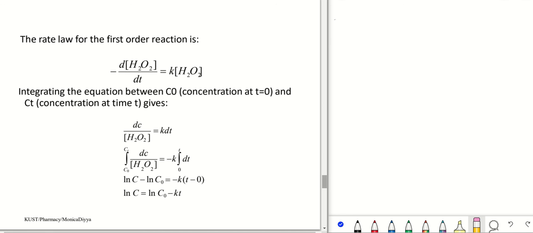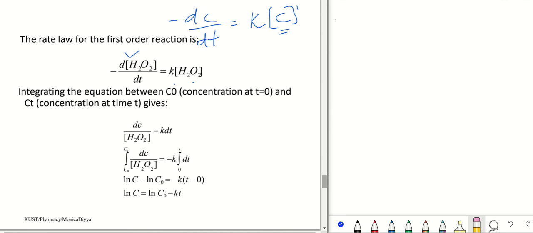So minus dC by dt is equal to K into C. This is a generalized rate law for a first order reaction. Now when we incorporate this rate law for the above reaction, minus dC, here C represents the concentration of hydrogen peroxide, by dt is equal to K into the concentration term of the reactant.